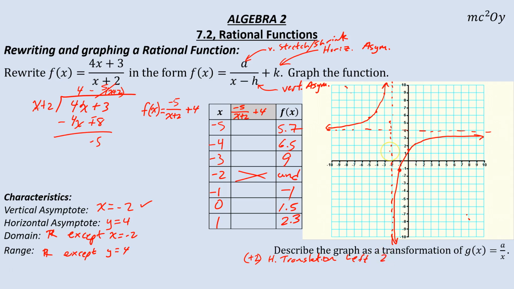You notice we went to the left 2. The negative is a vertical reflection over the x-axis.